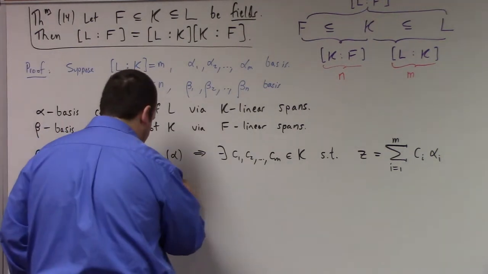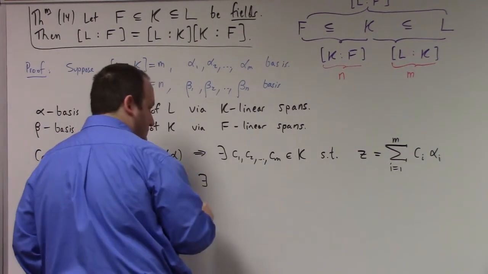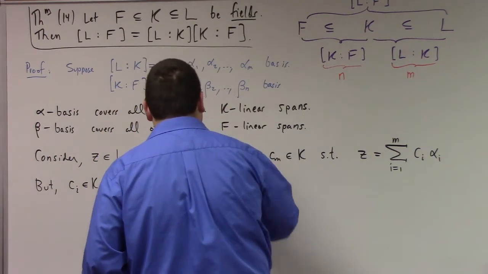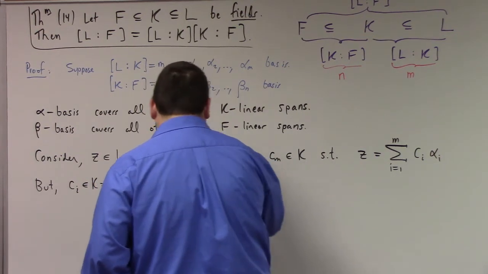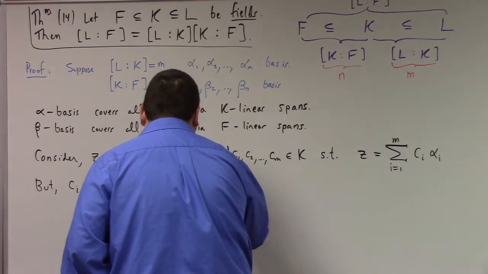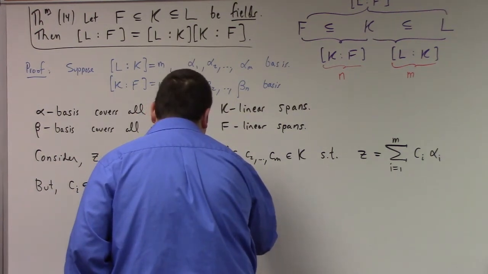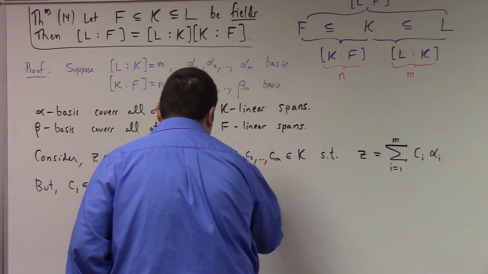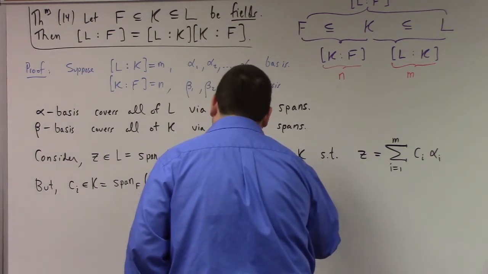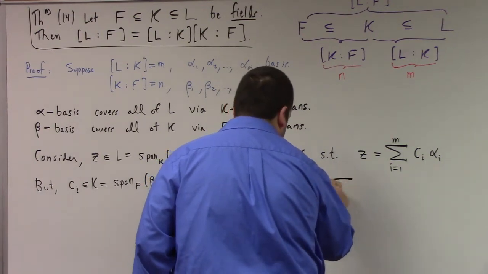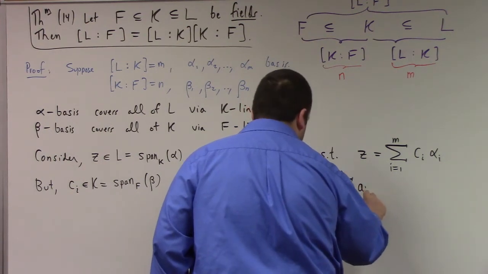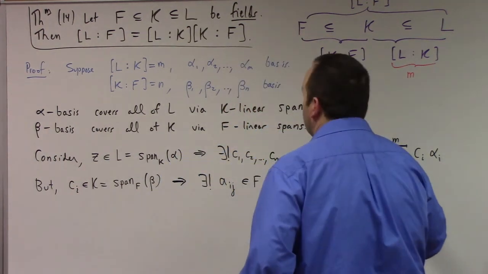So that implies that there exist, and in fact, by the way, let's be a little bit greedier, there exist unique A sub ij in F, such that C sub I is equal to the sum, j equals 1 to n, of A sub ij, what? Beta sub j.